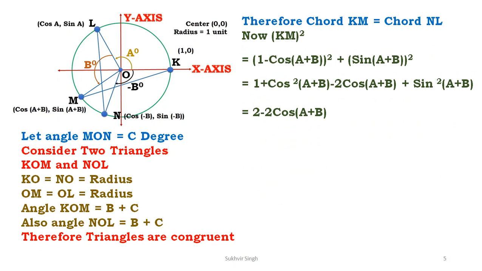Now calculate the value of KM. Apply distance formula on KM: (1 minus cos(A+B)) whole square plus sin(A+B) whole square. Open the square bracket. Clearly cos square theta plus sin square theta can be written as 1. 1 plus 1 is equal to 2. It means the value is 2 minus 2 cos(A+B).